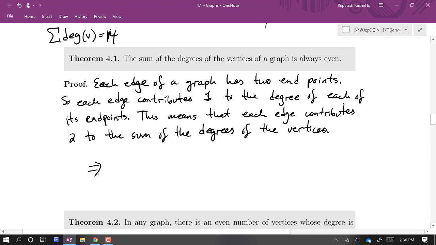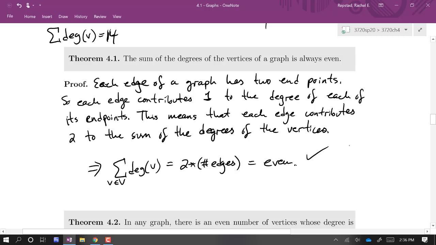And that gives us the following result: if I add up the degrees of the vertices, where V can be any vertex, so I let V range over all the vertices in the graph and add up all their degrees, this is going to be 2 times the number of edges. And that, of course, is even, which is what we wanted to show.